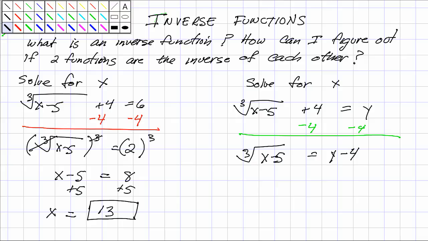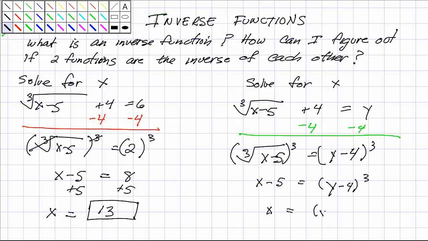Now I can raise both sides to the power of 3. On the left side I have x minus 5. On the right side I have y minus 4, to the power of 3. Then I add 5 to both sides. I end up with x is equal to (y minus 4) to the power of 3, plus 5. I used a series of inverse operations, again, to solve for x.